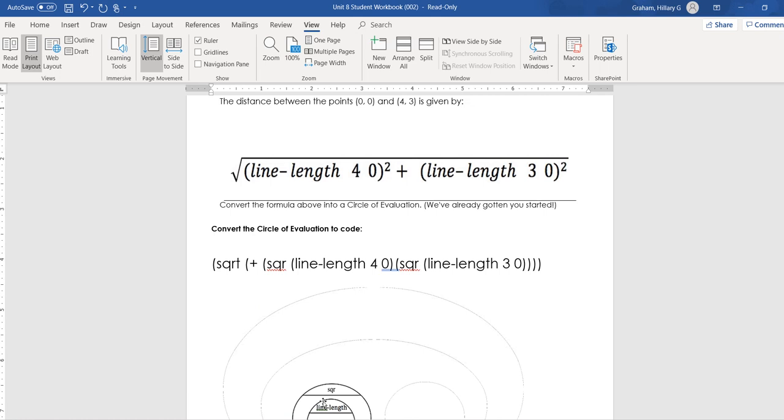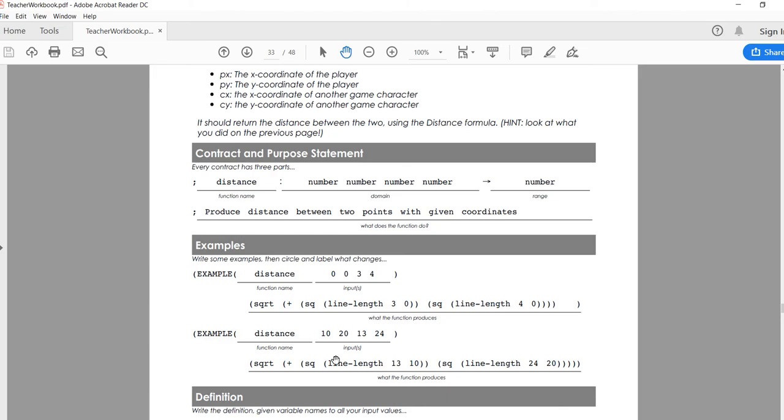Essentially what the answer key is telling us is that the Racket code square roots the addition of the line length 3 and 0 squared and the line length 4 and 0 squared. We see the exact same code with the distance if we had an example of 10, 20, 13, and 24.